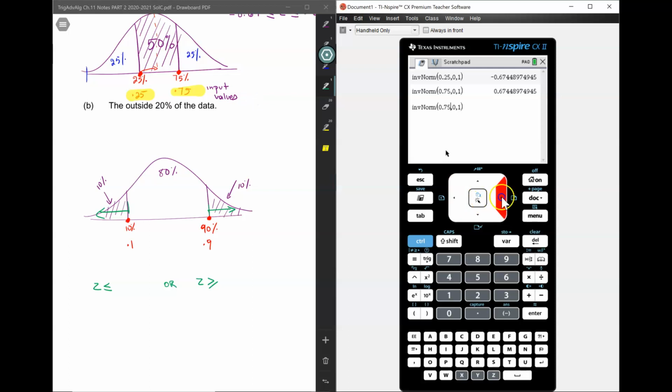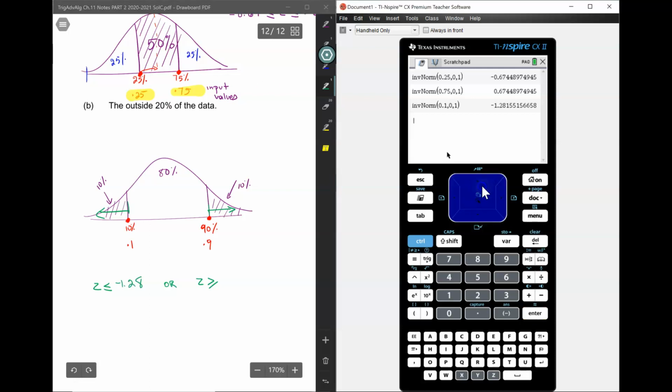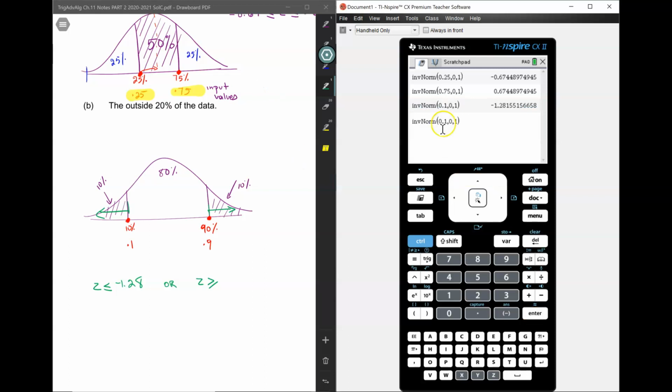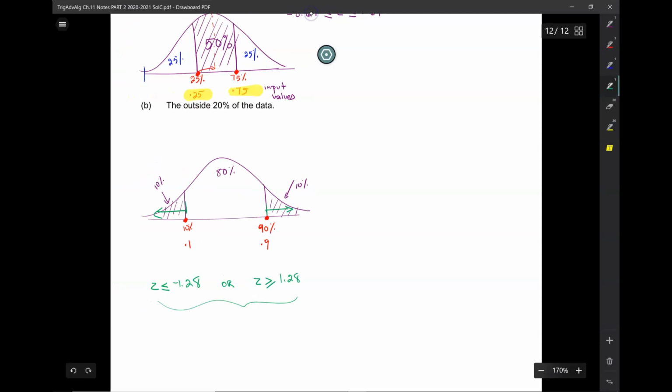So I want to make this 0.1, negative 1.28, or edit again, 0.9, positive 1.28. Okay, so that's the answer.